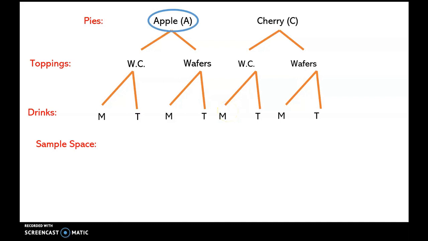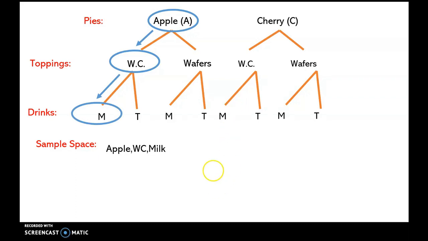So apple, whipped cream with milk. That's the first thing. And the second thing would be apple, whipped cream with tea, apple, wafers with milk, apple, wafers with tea.